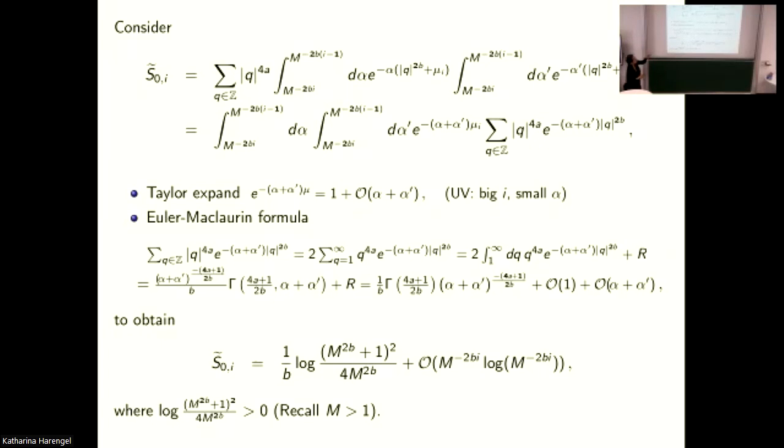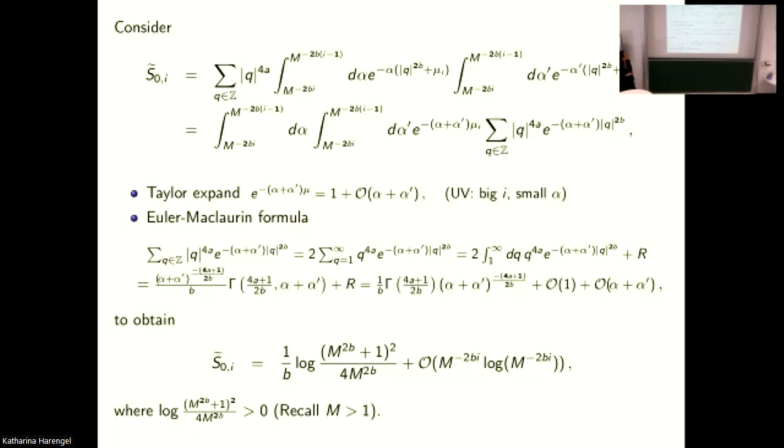Since I'm in the UV right now, integrating little by little from the high scale, alpha is small, so I can Taylor expand the exponential to first order in alpha. Then I use the Euler-Maclaurin formula, which lets you rewrite the discrete sum as an integral with some remainder, and then you can evaluate it. This is the result. m is just a constant, bigger than 1, and so this is actually a positive quantity.